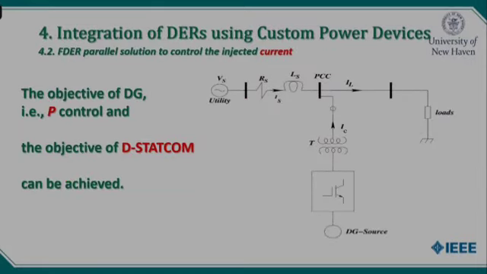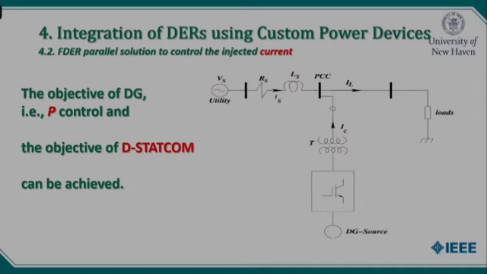And I can now present the first solution, known as FDER parallel solution, to control the injected current. You can see in this slide on the right hand side the same grid which was used for the presentation of the STATCOM. But this time on the DC link, we have a DG source.